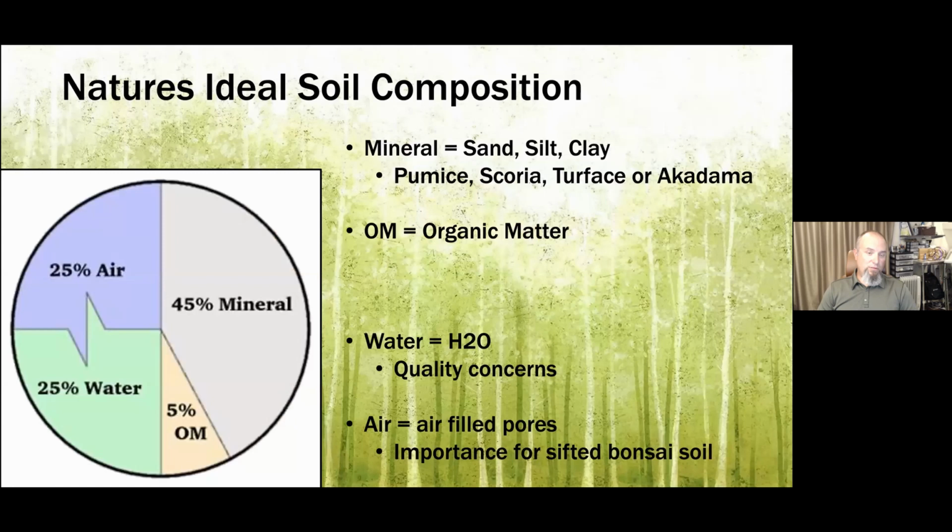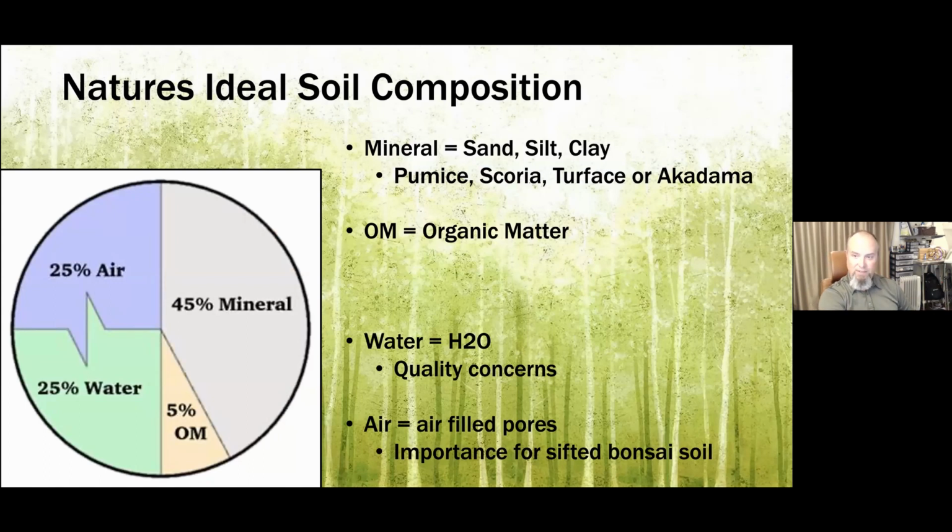Ultimately we want to try and recreate nature's ideal soil composition. A lot of people say, well, what is nature's ideal soil composition? If you look, there's a chart on your screen. This is the ideal makeup in nature: roughly 25% air, 25% water, 45% mineral, and 5% organic matter.